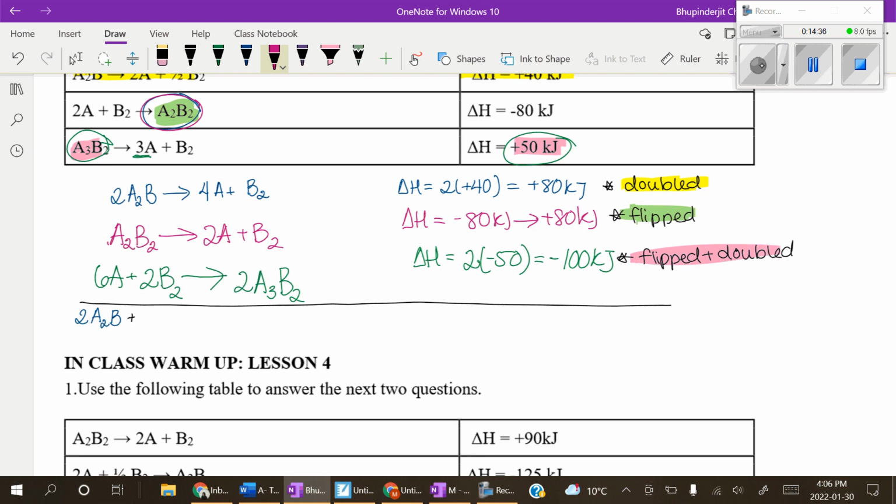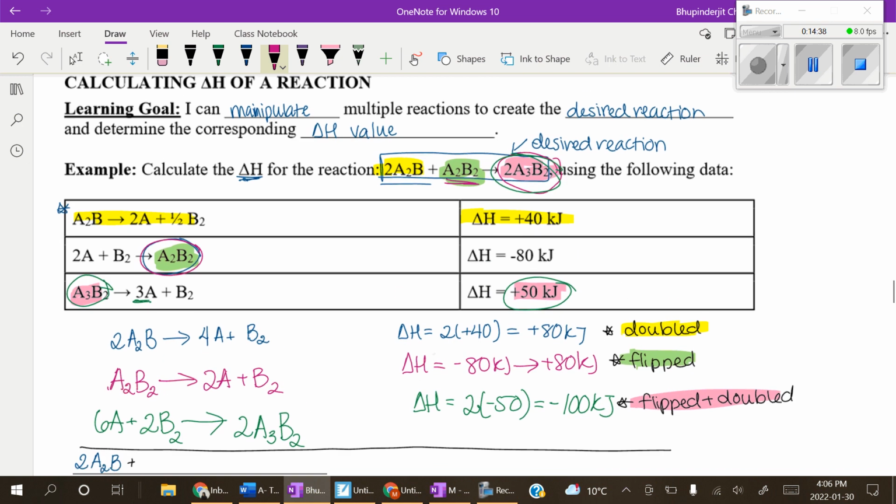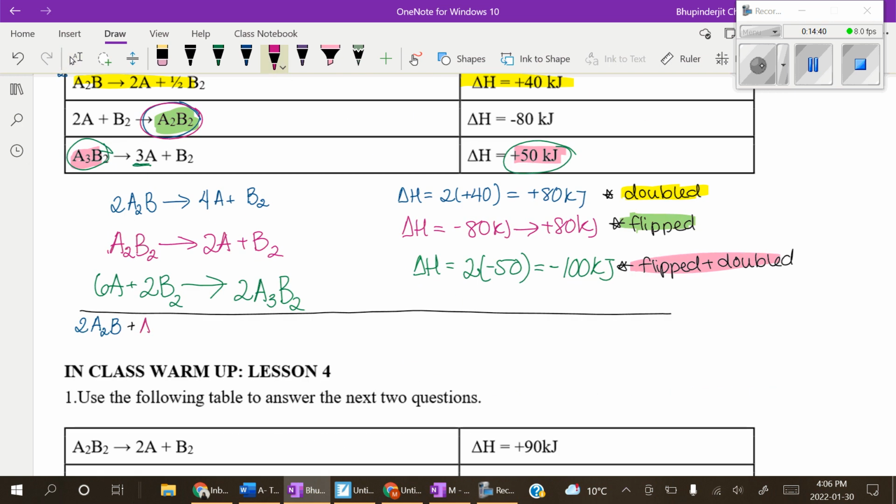Plus A2B2. Okay, let's go to the green section on the reactant side. So now I have 6 A's. I can cancel out 4 of those A's. Then I'm left with two A's. Then I can cancel out those two A's, and I have no A's on the reactant side.